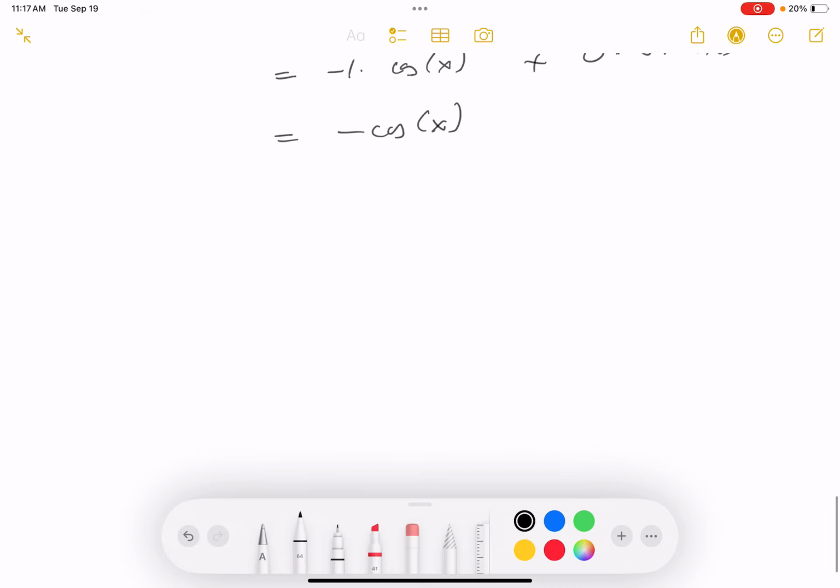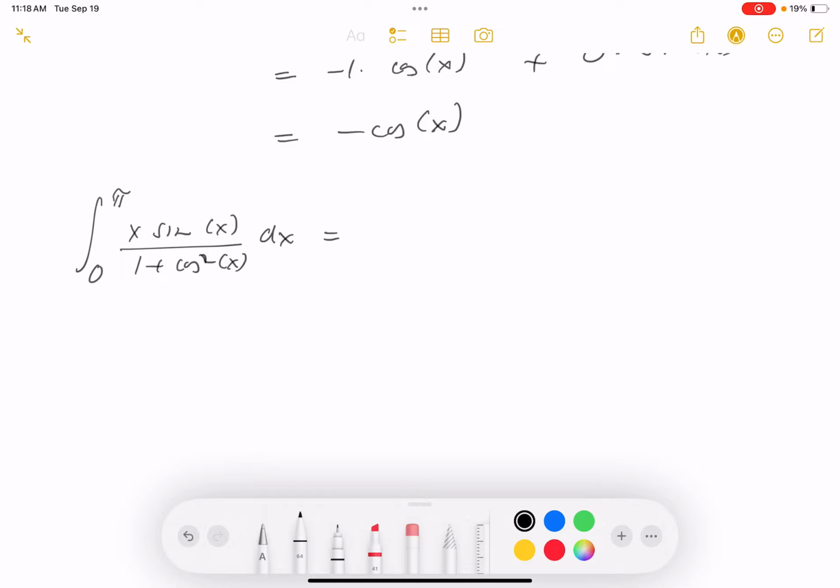So what I want to do is go back and rewrite the problem again. I just derived some things over here. So I'm going to say 0 to pi of x sine x over 1 plus cosine squared x.